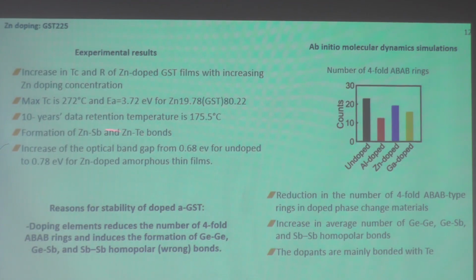XPS shows the formation of zinc-antimony and zinc-tellurium bonds, explaining the high thermal stability of the amorphous phase. Also, some optical measurements showed an increase of the band gap for zinc-doped amorphous thin films, an increase of about 0.1 eV.